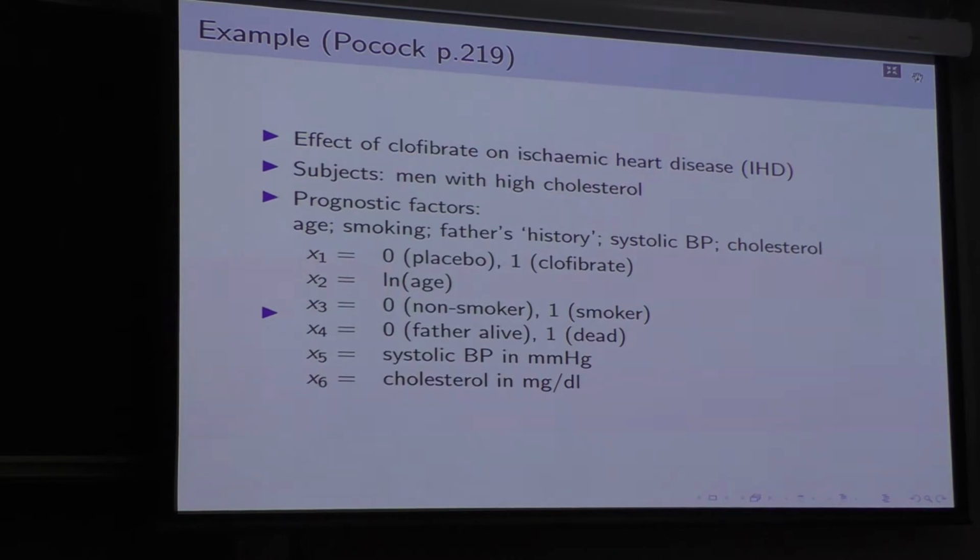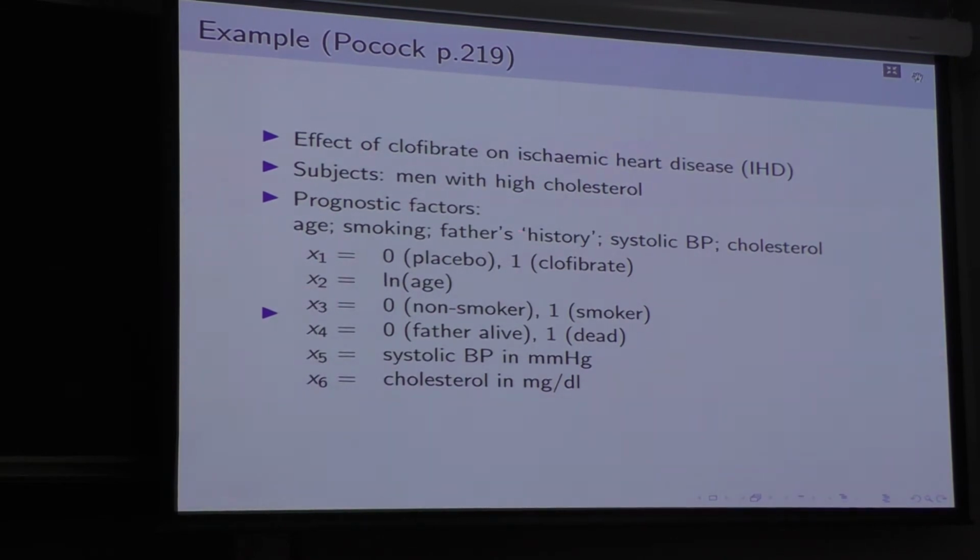In a balanced design, it doesn't matter too much what order things have been put in, but in an unbalanced situation, you can have order effects and so on. So it's good to stick to a standard setting.